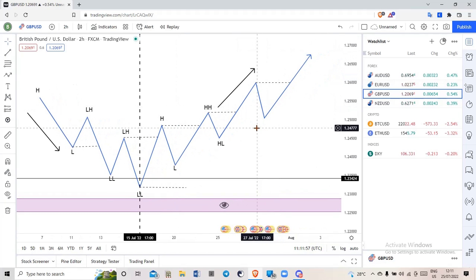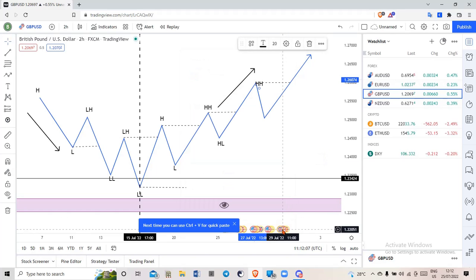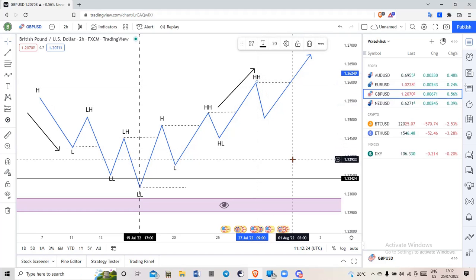So you can see what's going on here. Higher high.